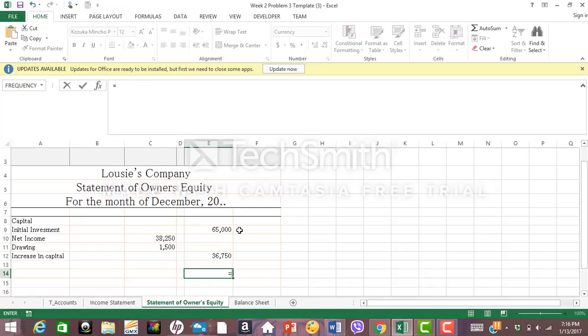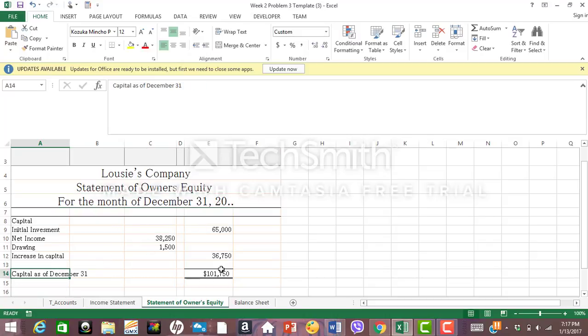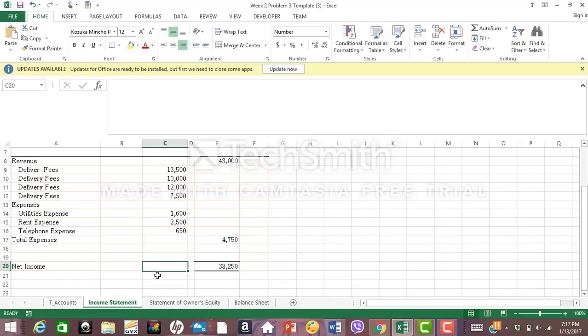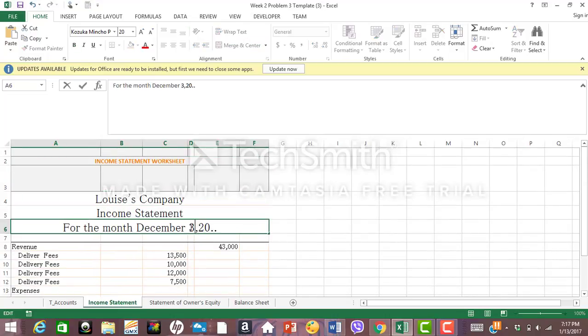So as of December 31st, your capital will be the amount you invested plus your increase in capital, which is 101,750. Capital as of December 31st is 101,750. I'm assuming the same date goes in the heading, so we have to do December 31st here as well.